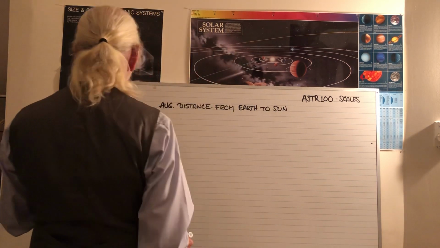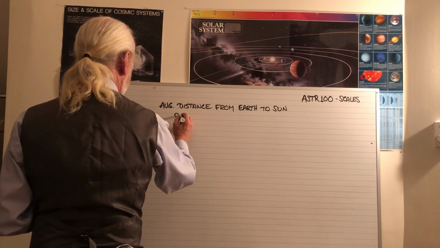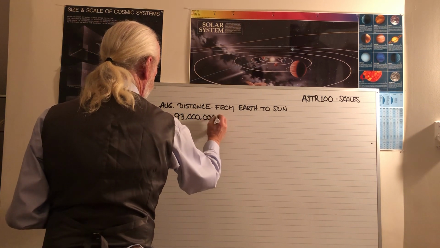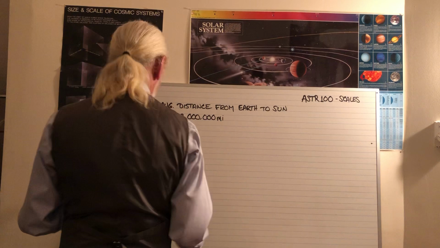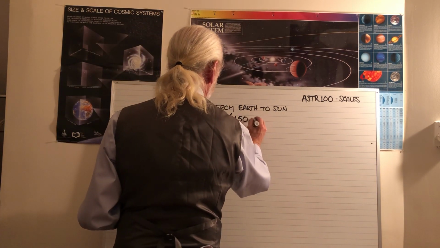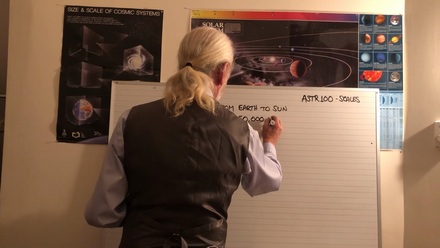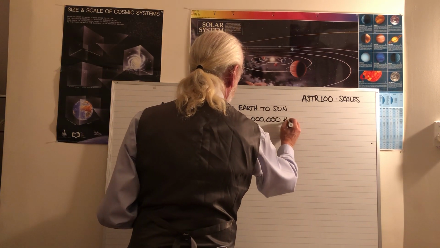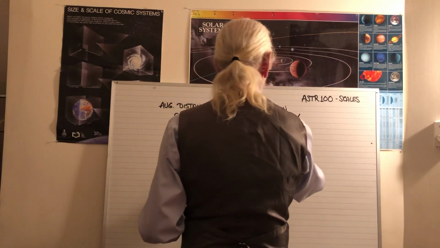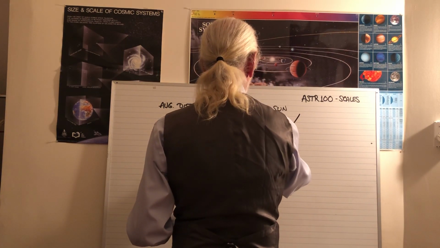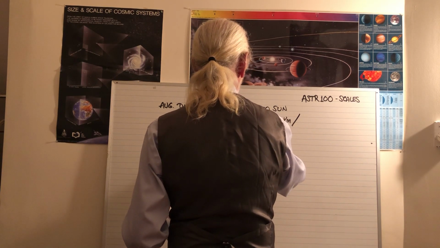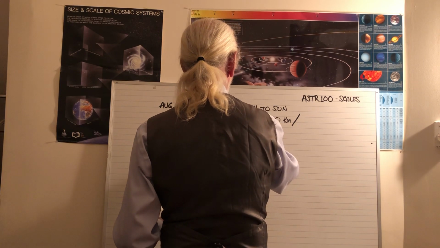Okay, so we already know that that's 93 million miles. But it's also 150 million kilometers, which becomes 1, 2, 3, 4, 5, 6, 7, 8, 9.